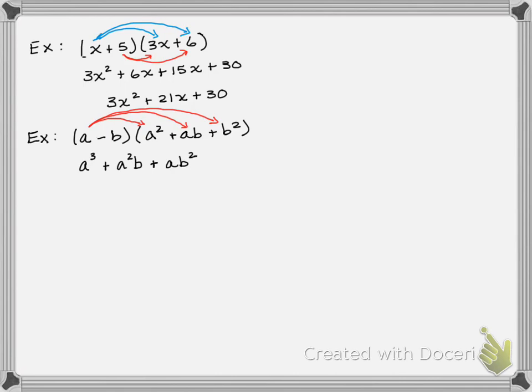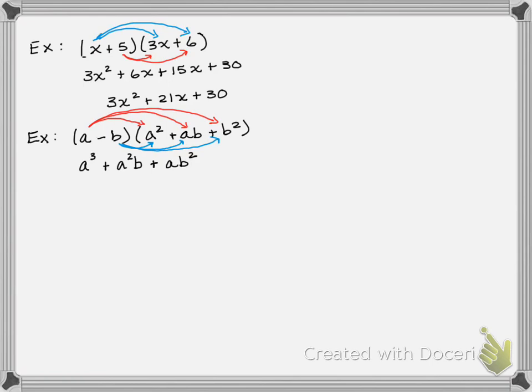So far, so good? And then next we're going to distribute that negative b. Again, just multiplying it by each of the terms. It's going to make all 3 of those terms negative because inside that trinomial we have positives and we're multiplying each of those by a negative.